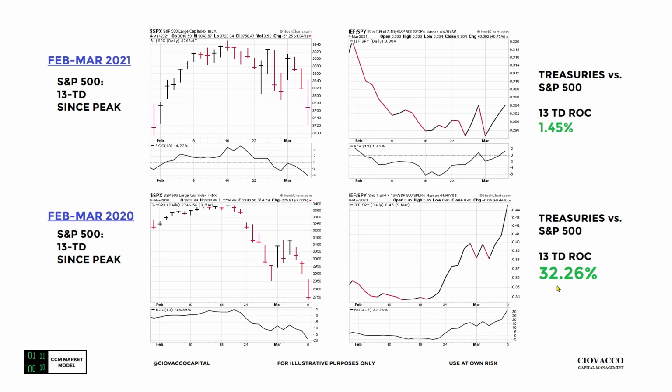This is economic fear on a big scale, 32.26%. And yes, the two situations are different, but this does tell us a lot about what's happening in the market. In the present day, it's not fear about an impending recession. It's not fear about the economy. These are different situations with different drivers.